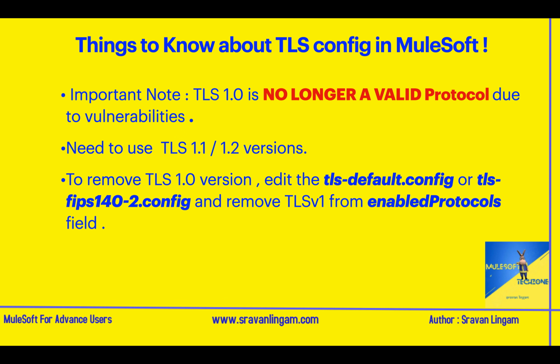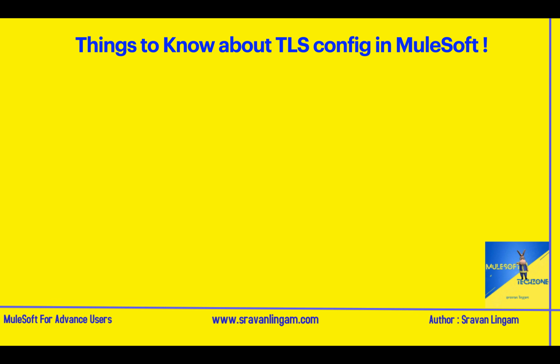If you go to the Anypoint Studio folder where you have installed it, you will see these two files or one file, and you need to remove TLS 1.0 from the enabled protocols field.